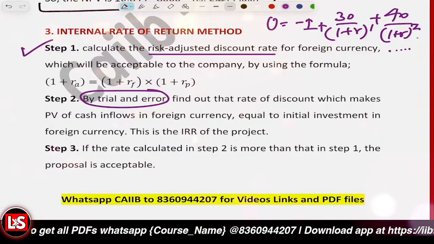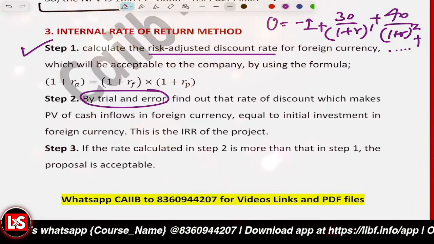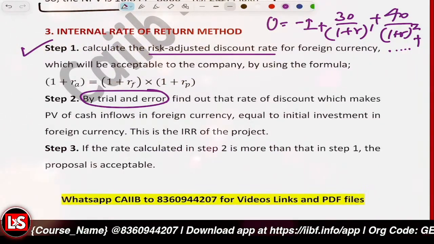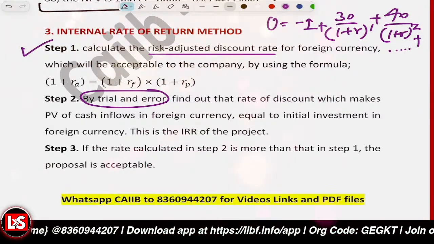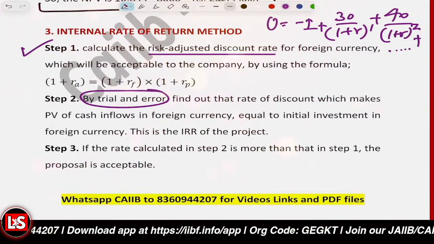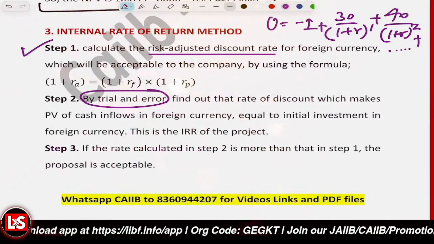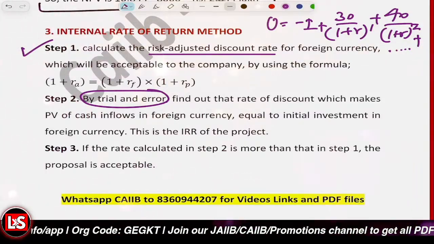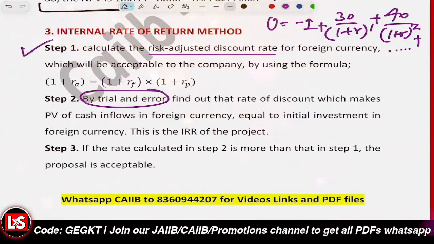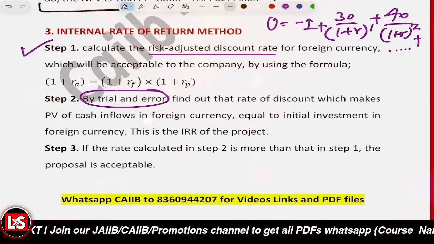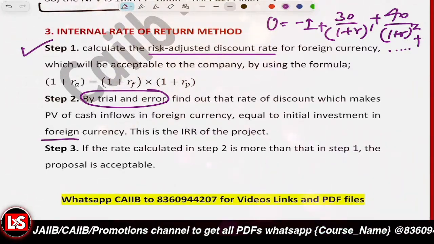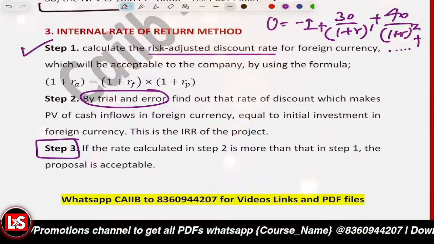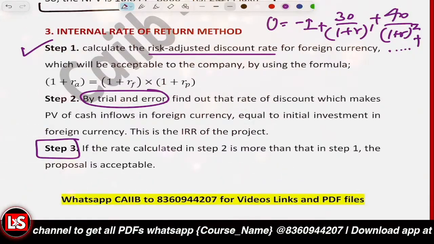You'll have this equation, and by the trial and error method you'll solve for the IRR. And then you will discount the values. In the case of IRR, you just have to look at whether IRR is greater than the cost of capital; if so, accept the project, otherwise not.